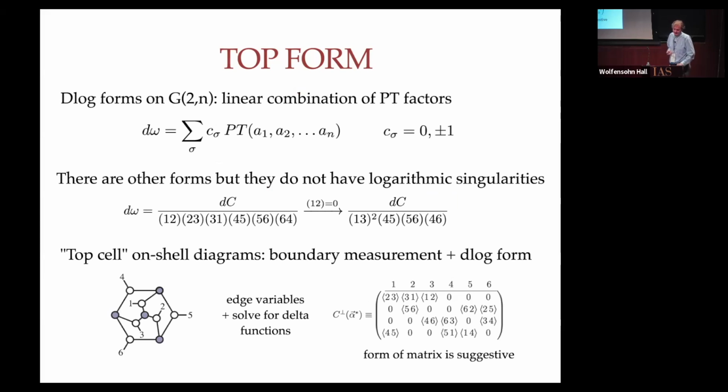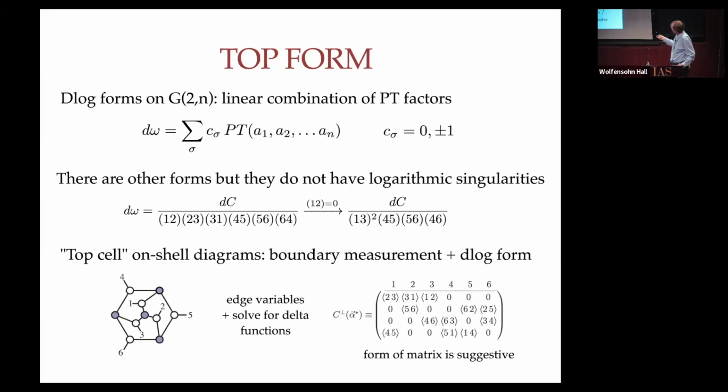Now, if you just ask what are all possible dlog forms you can write on G2N, then they must be linear combinations of these Parke-Taylor factors with different ordering. So these Parke-Taylor factors, in other words, these forms on the positive parts of G2N with different orderings, form a basis of all possible forms.